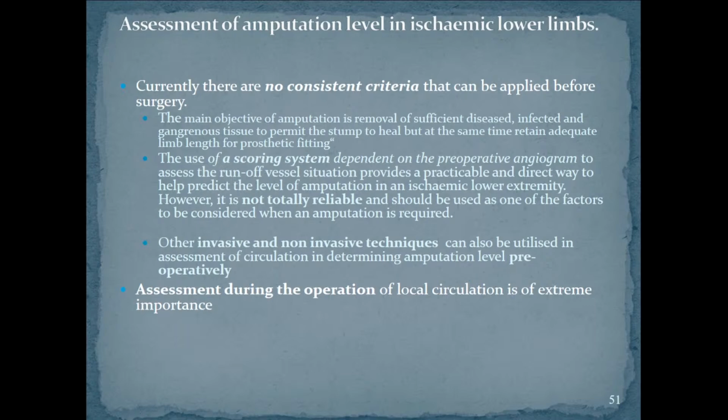And we will try to make as long a stump as possible. Generally, for surgeons who perform amputations, there is such a statement: the longer the stump, the more functional it will be. So this is very important.